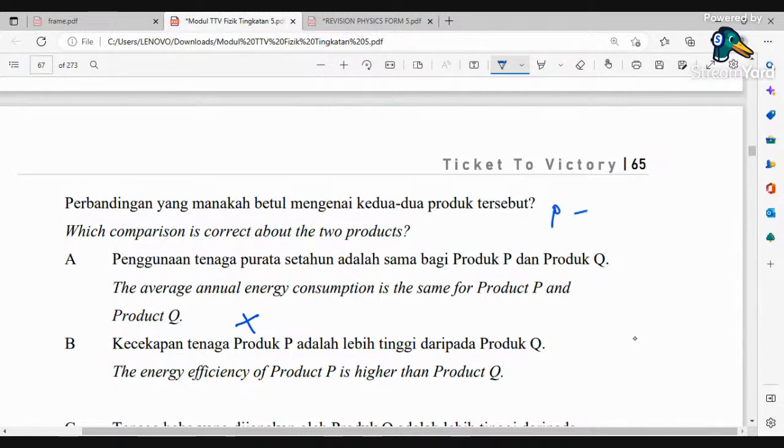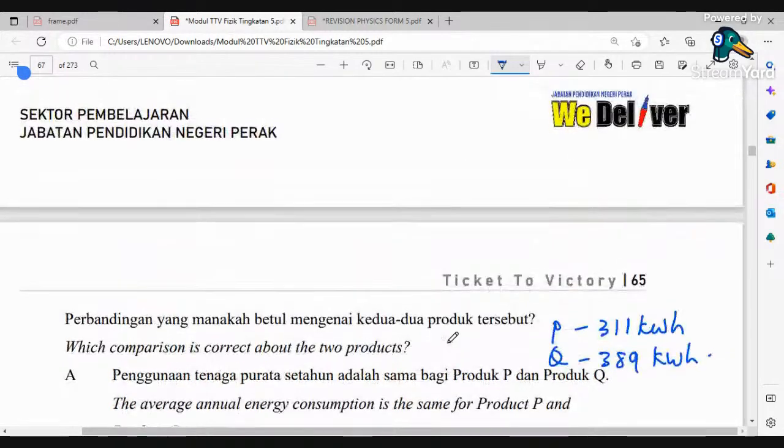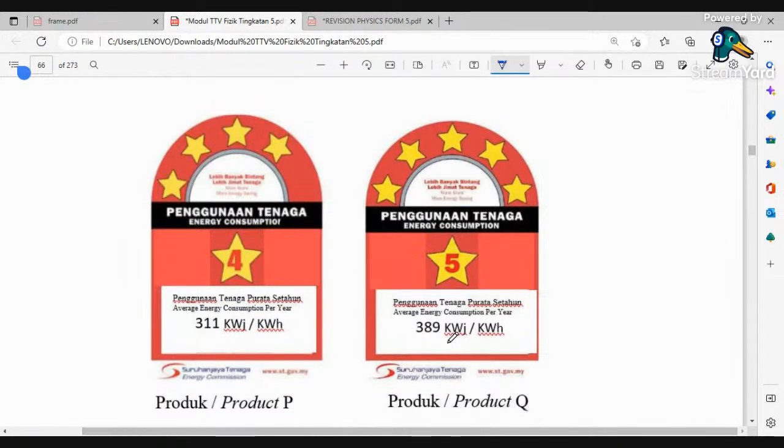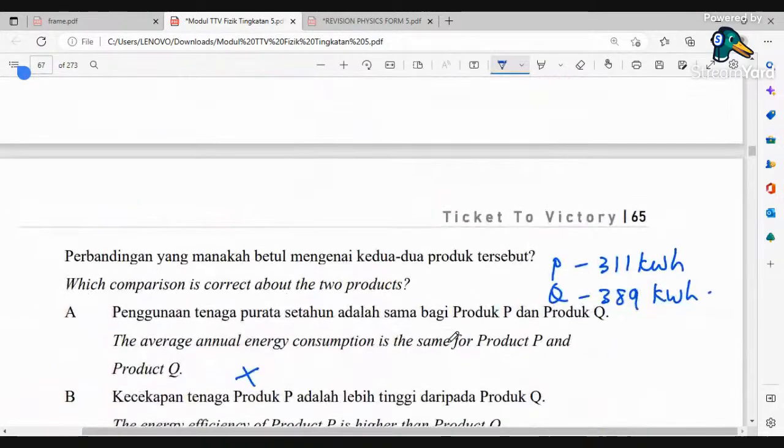P tadi 311 kilowatt hour. Q 389 kilowatt hour. So energy consumption is different. B, energy efficiency of P is higher than Q. Mana lebih efficient?